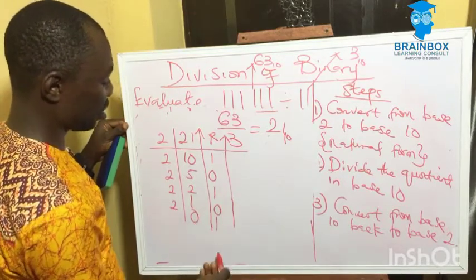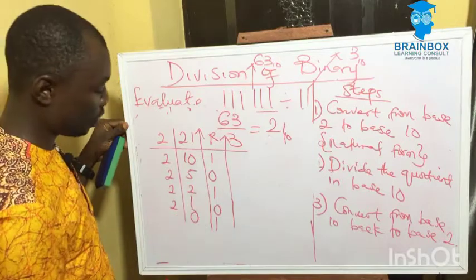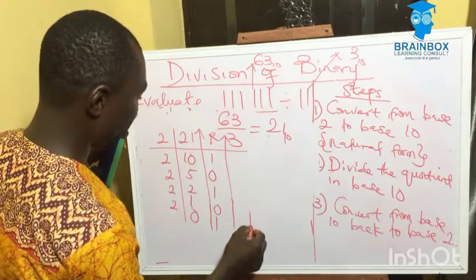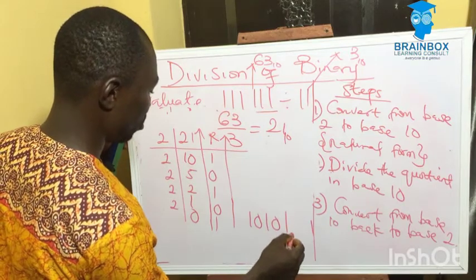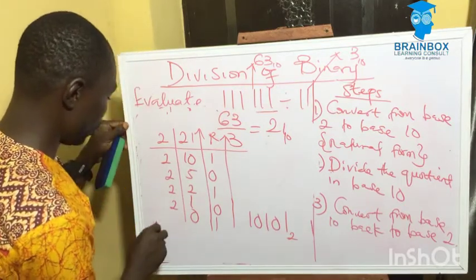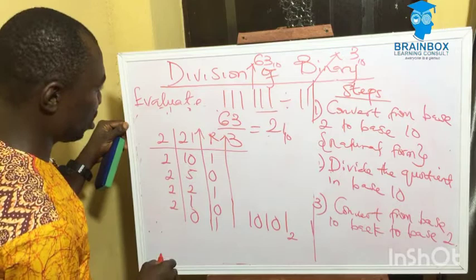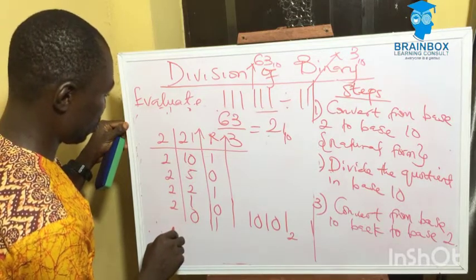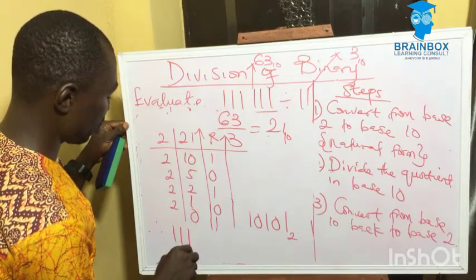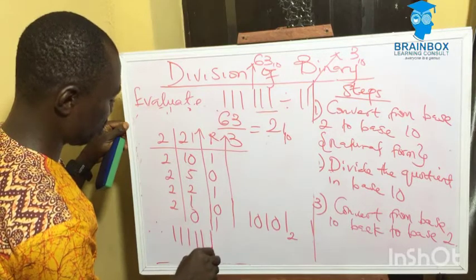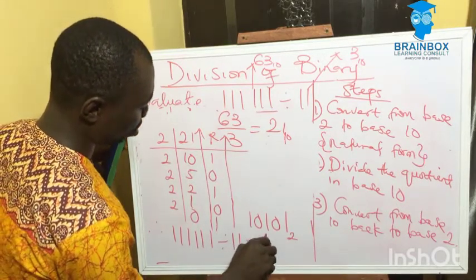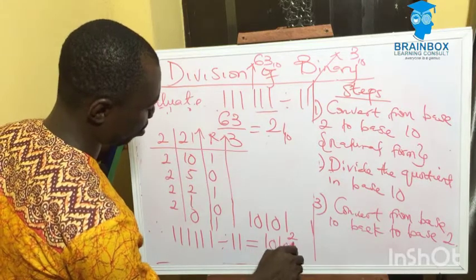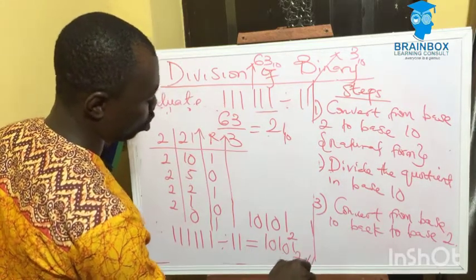So you can see that it is read from bottom to top. So that will be 10101 base 2. Therefore we can say that 111111 divided by 11 is equal to 10101 base 2.